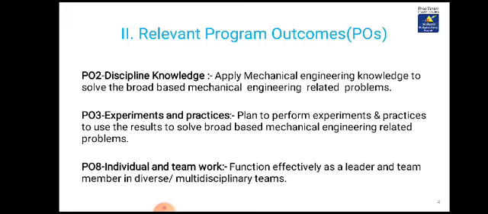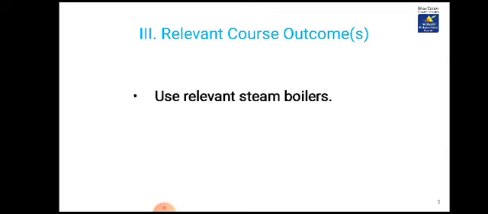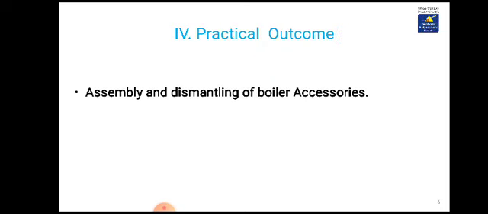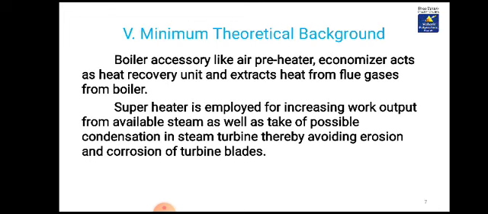PO8 individual and teamwork, function effectively as a leader and team member in diverse or multidisciplinary teams. Relevant course outcomes: use relevant steam boilers, assembly and dismantling of boiler accessories.